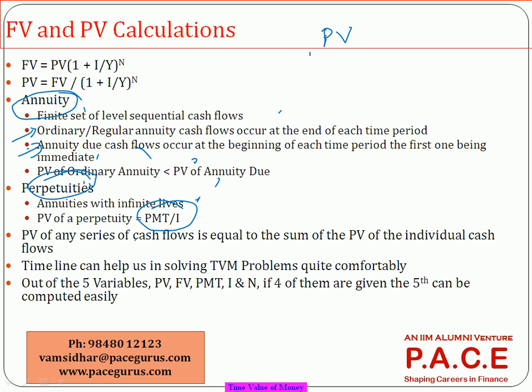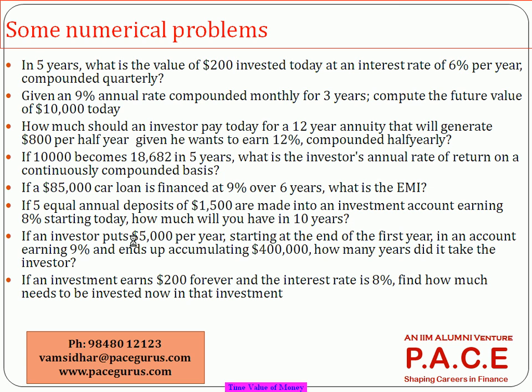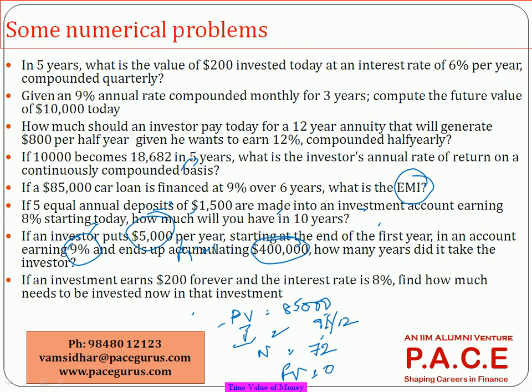And the way it can be computed is equal annual installment divided by annual interest, or equal monthly installment divided by monthly interest. Just like this numerical here. If an investment earns 200 forever and the interest rate is 8%, per month or per year, whatever it is.